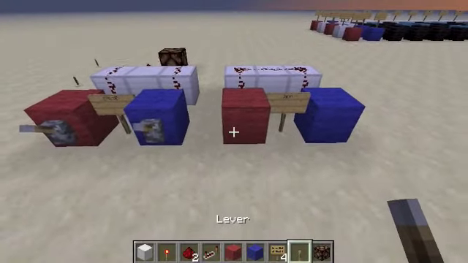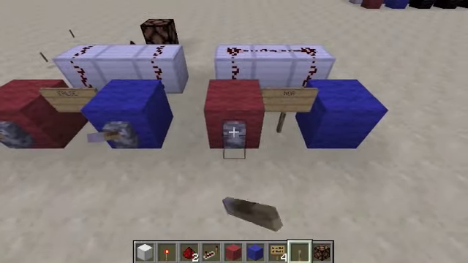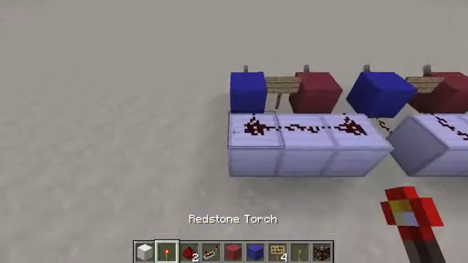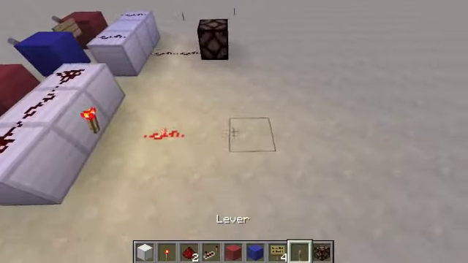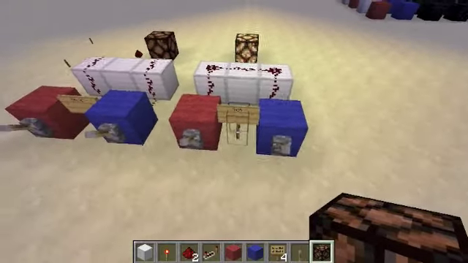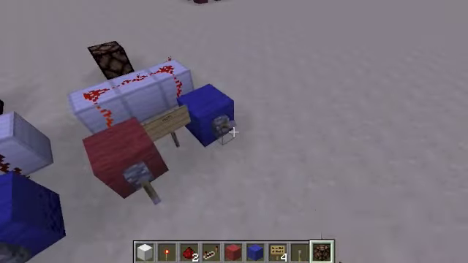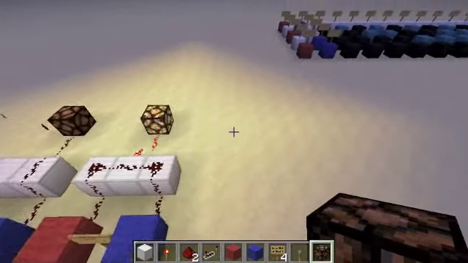I'm pretty sure you all know what an OR gate is, but we'll get to that eventually actually. And we invert our output. So there we go, this is a NOR gate. It's only true when both inputs are off.